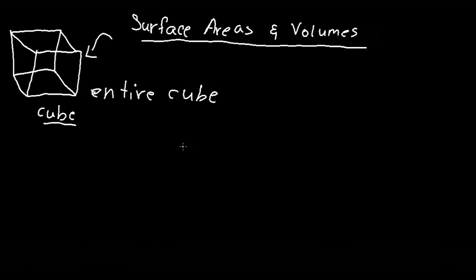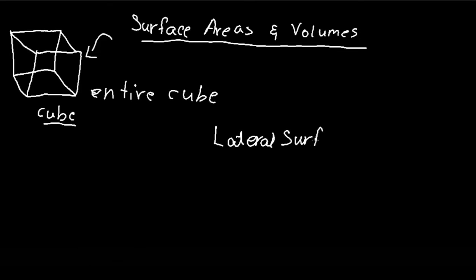So to find the lateral surface area, we need to observe the cube. Now, cubes are basically squares. A cube is made out of 6 squares.